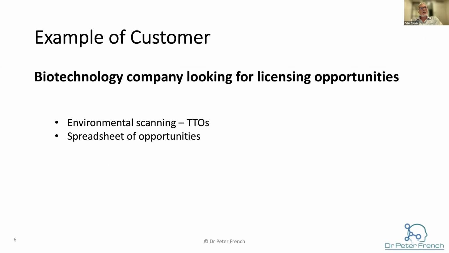So let me then skip forward ahead. I was a scout for a biotech company a couple of years ago, and they asked me to find new interesting opportunities to in-license some potential technologies for them. And so I went around to a number of technology transfer offices in universities around the world. Next slide.